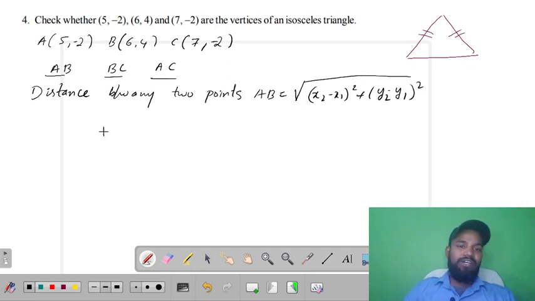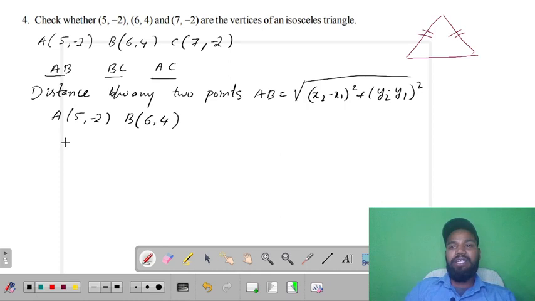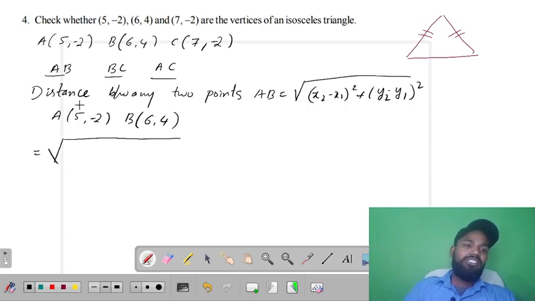So this is the formula, right? Now substitute. A is (5, -2) and B is (6, 4). So this is x1, this is y1, this is x2 and this is y2.